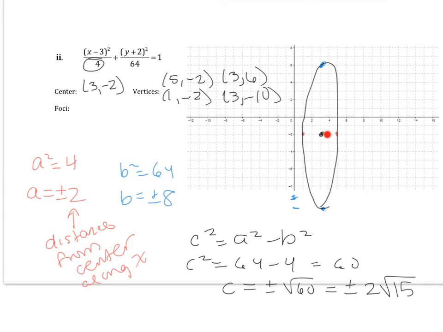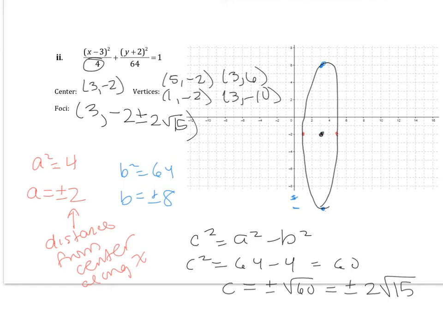So the center, that -2, if I take -2 and I add 2 root 15 to it, I'm going to be up here somewhere. If I take -2 and I subtract 2 root 15 from it, I'm going to be down here somewhere. Okay, so my foci are at 3, comma, -2 plus or minus 2 root 15.